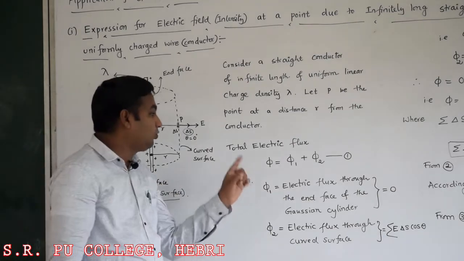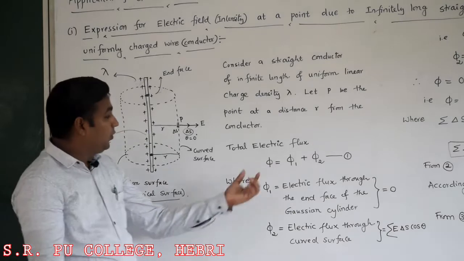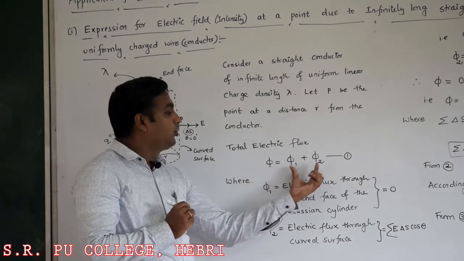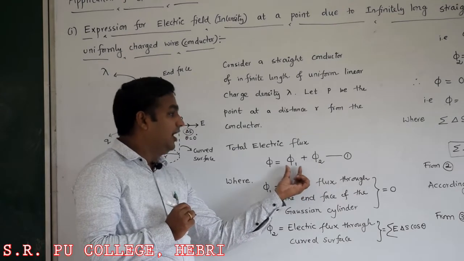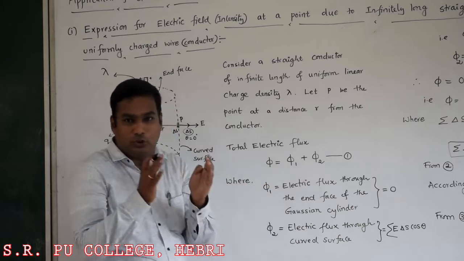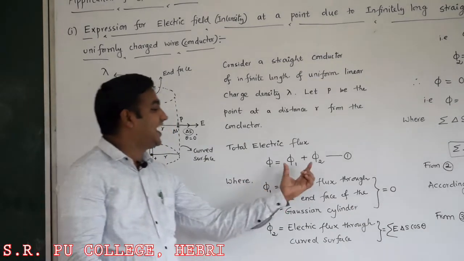In the second step, we have to calculate the total electric flux through that surface. The total electric flux phi is divided into two parts here: one is phi 1 and the other is phi 2. The fluxes get added, because I already told in the last video that electric flux is a scalar quantity, so it is a scalar addition.